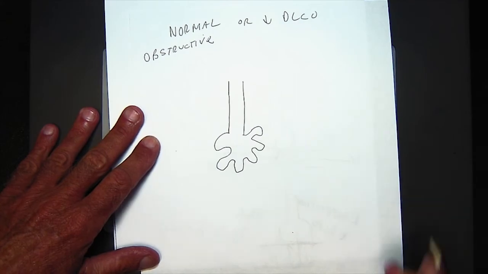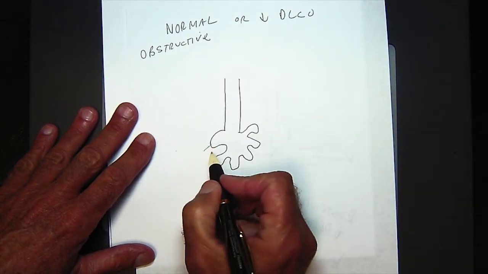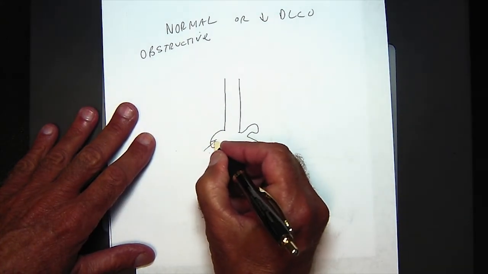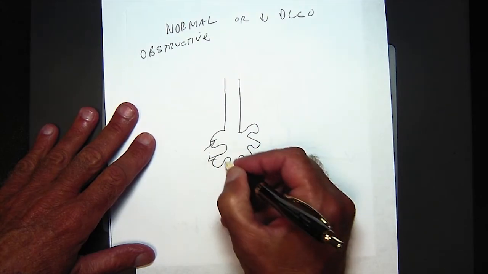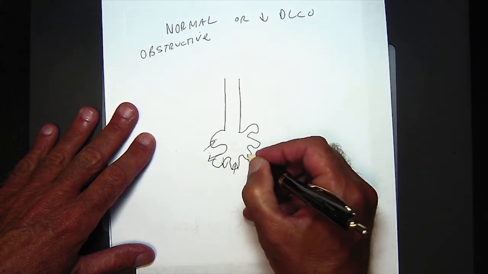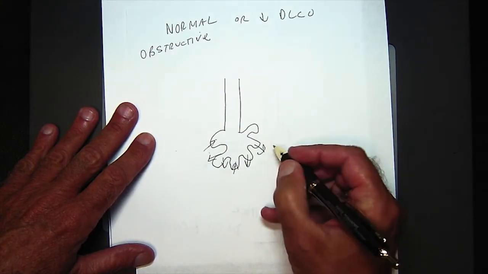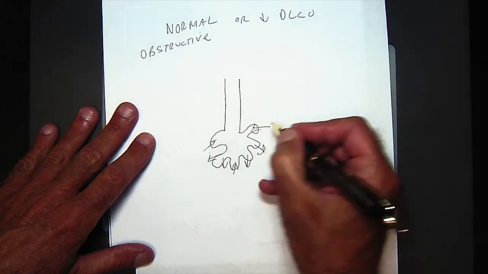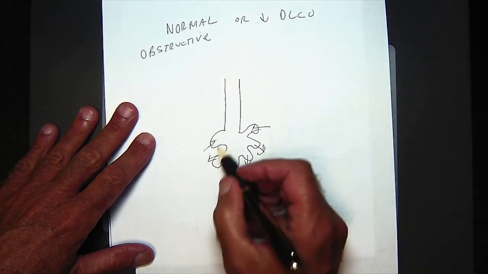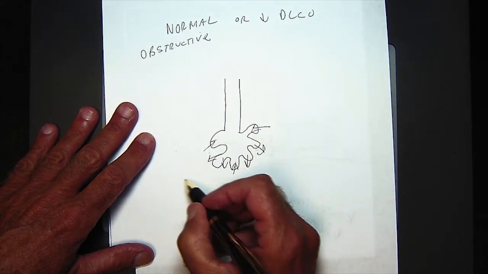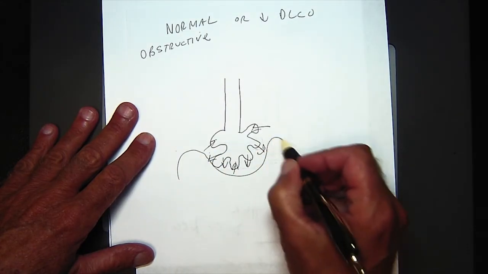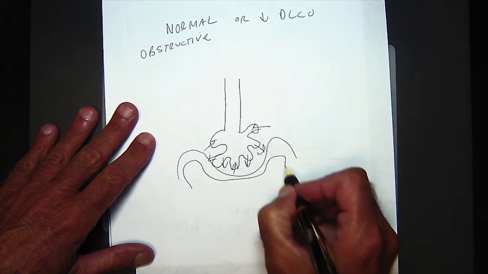So there's a lot of surface area to transfer gases in and out of the pulmonary capillary membrane. They want to transfer oxygen into the pulmonary capillary membrane and CO2 back into the lungs. And there's a lot of surface area to do this, which comes in contact with the capillary itself.